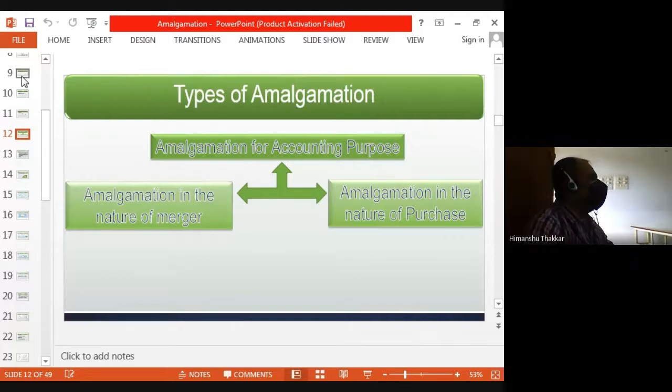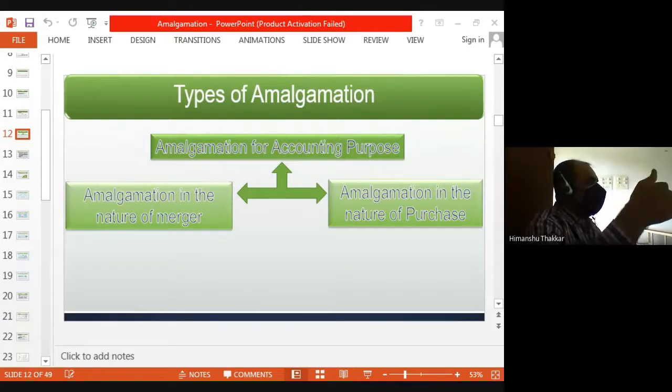Amalgamation in the nature of merger and amalgamation in the nature of purchase. Now, before we go further understanding how to decide whether it is a merger or whether it's a purchase, the accounting for both of them will be different.